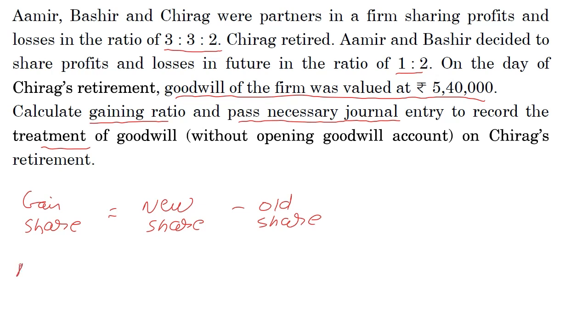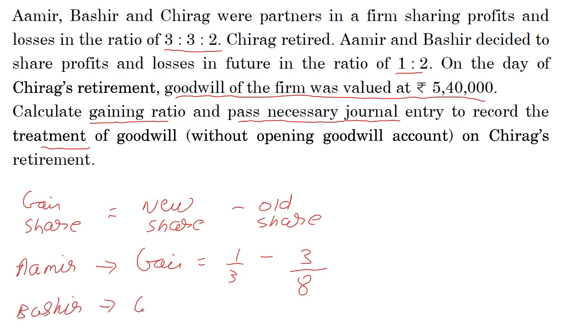In the case of Amir, Chirag is retiring. For Amir, the gain is going to be equal to his new share, which is 1 by 3 minus 3 by 8. And similarly, we have Bashir.